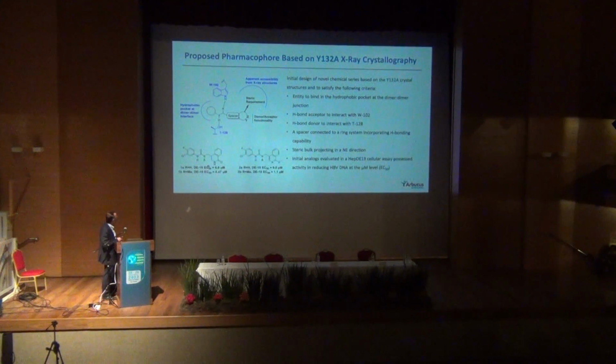We came up with these molecules, these isoquinolines, that seem to fit this model. At first blush, these molecules had modest activity, but it was a starting point for the work that we thought we could do with this novel chemical series.